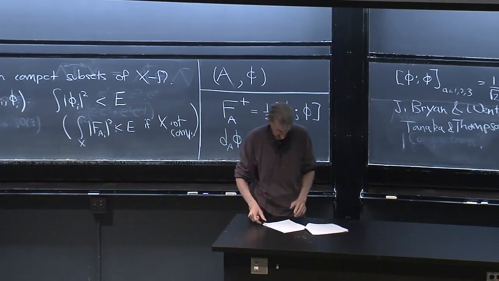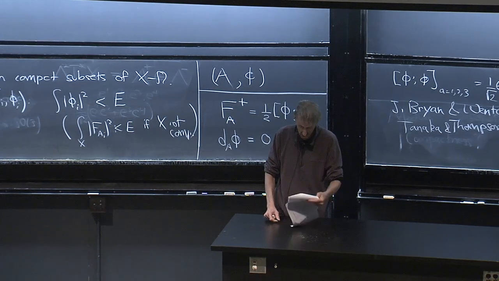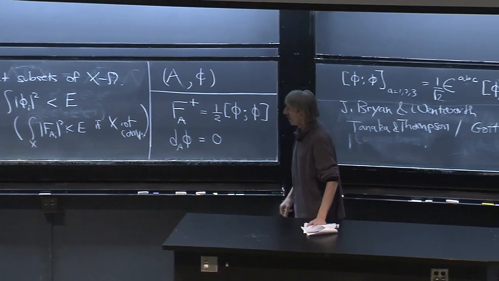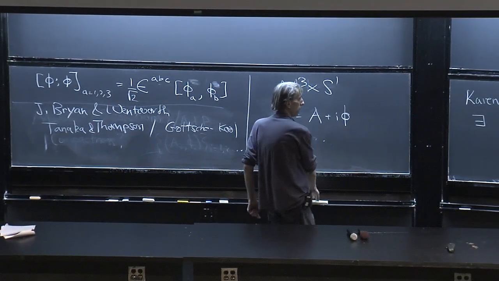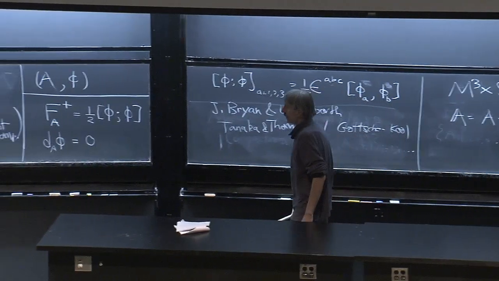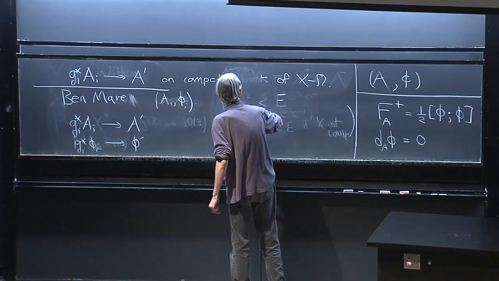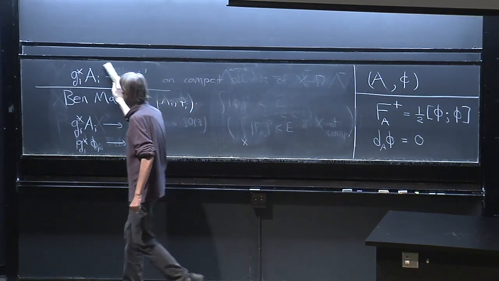What happens if you have sequences where the L2 norm diverges? In order to study sequences of this type, it makes sense to isolate the L2 norm, because that's basically the only thing that can go wrong.